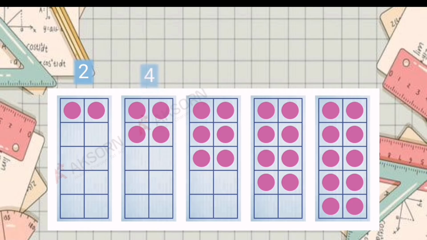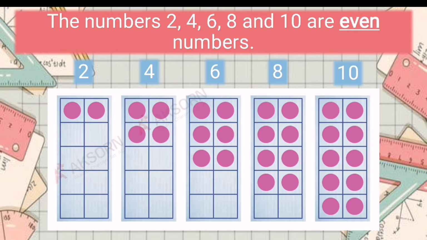So we have 4. And then the next one, we have 6. And then we have 8. And then for the last one, we have 1, 2, 3, 4, 5, 6, 7, 8, 9, and 10. So the numbers 2, 4, 6, 8, and 10 are even numbers.